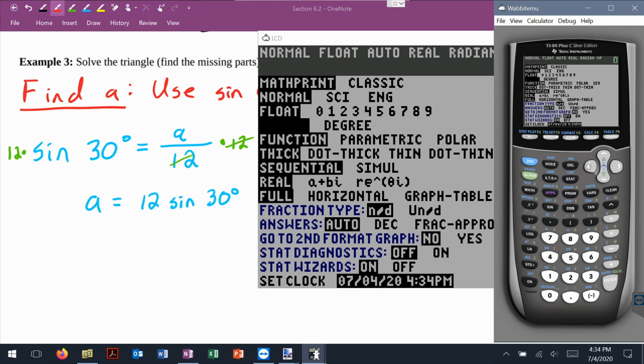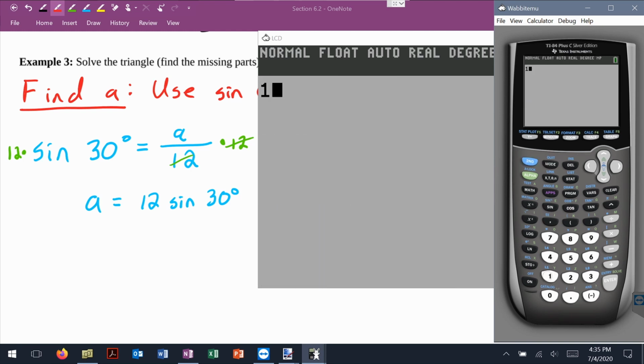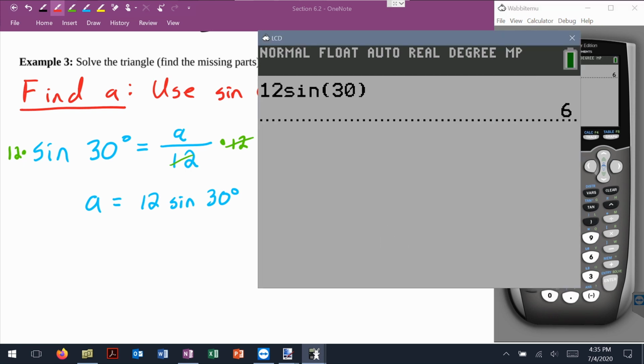And so we'll be able to switch our calculator between these two different modes depending on what kind of angle we're using here. So now we're using degrees. So let's switch our calculator into degree mode. If I don't do this, it's not going to calculate it in the right way. So now in degree mode, if I put in 12 sine of 30 degrees, it's going to calculate it for me and tell me that it's equal to 6.